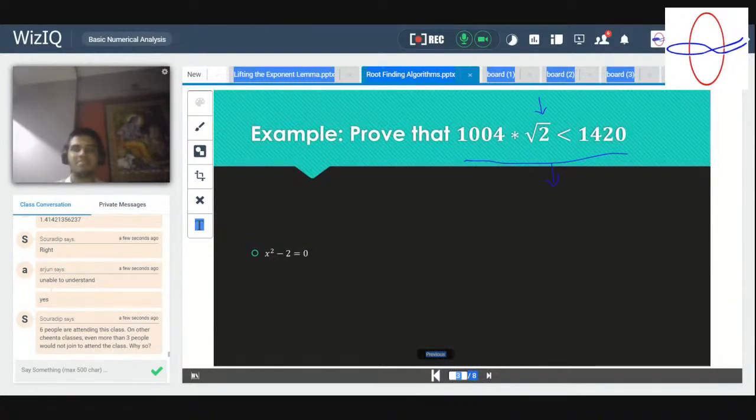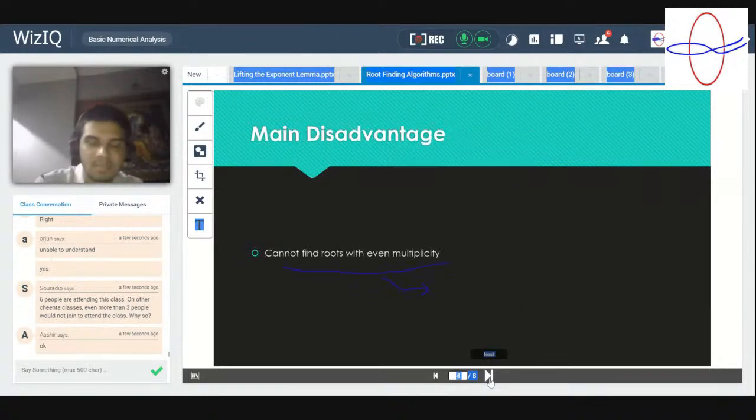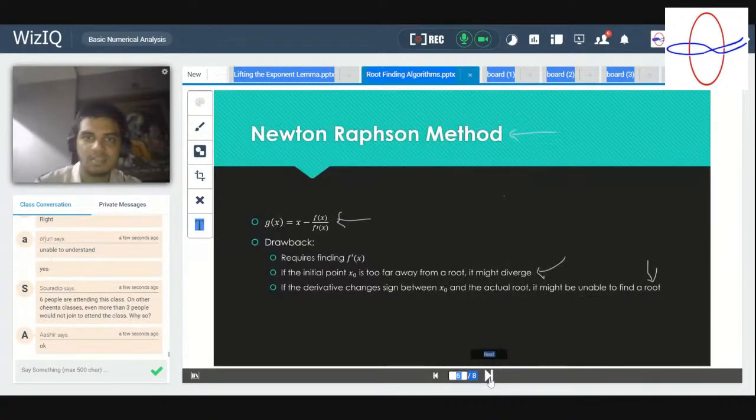So it's not something that you should be expected to know, though. Since you guys did show this example, that's the only reason why I explain these methods, right? So this is the Newton-Raphson method.